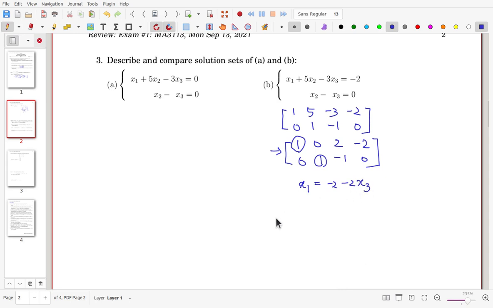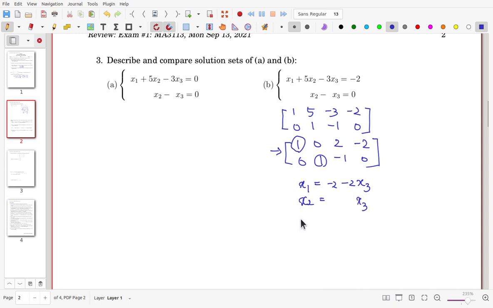Now the second equation is the same as x2 minus x3 equals 0, so x2 equals x3.